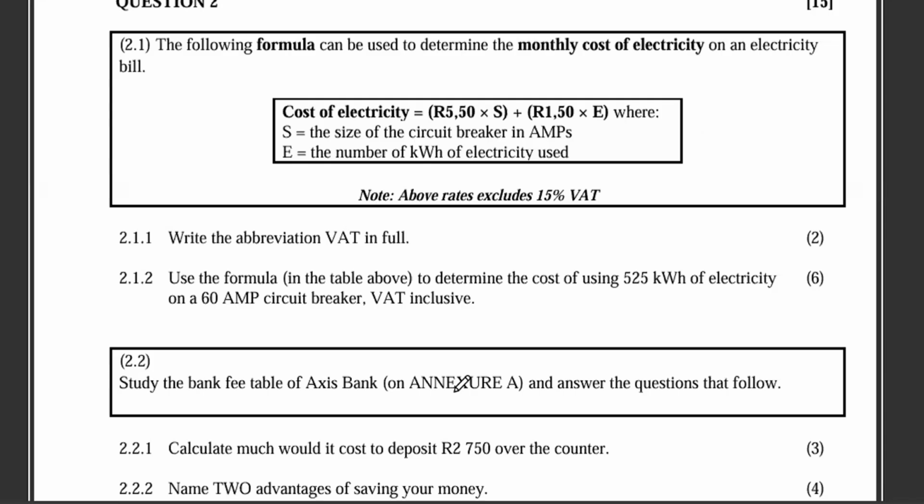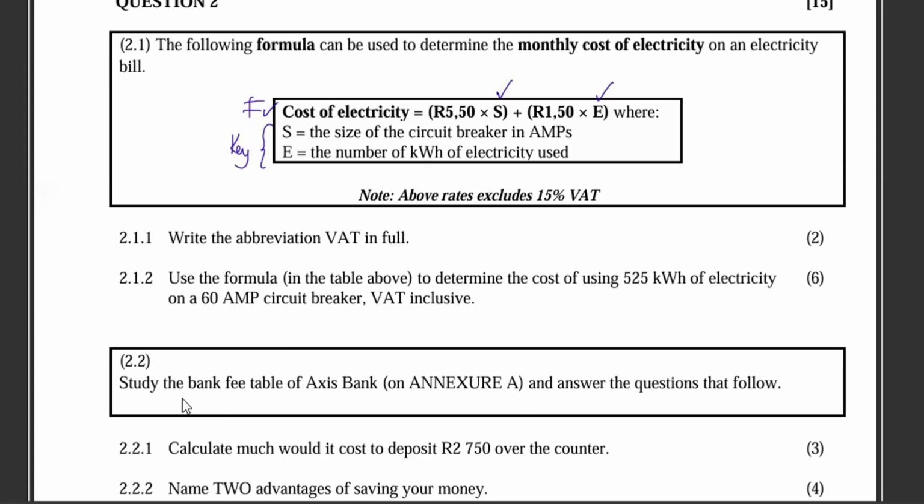When we look at this, they are telling us there's a formula given to us to determine the monthly cost of electricity on an electricity bill. This is the formula that we see. Then this is a key to define what S stands for and what E stands for.